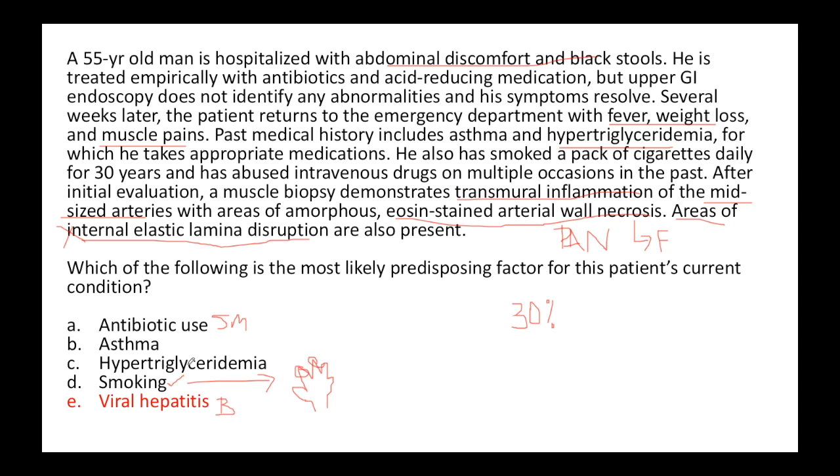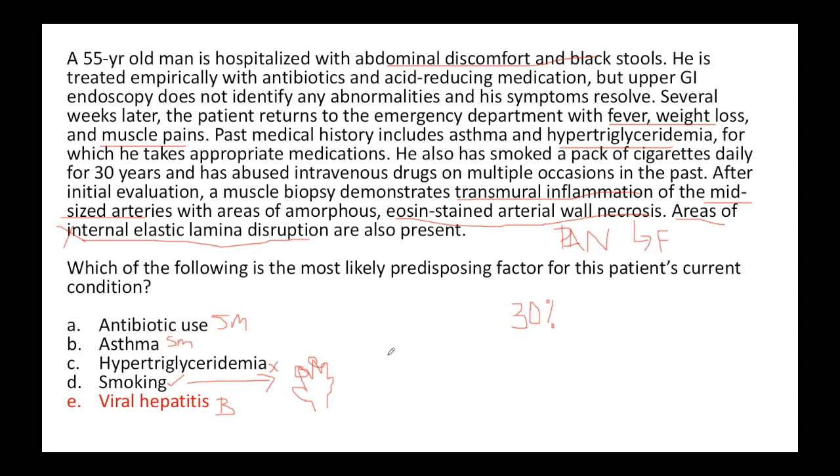And asthma is associated with Churg-Strauss, otherwise known as eosinophilic granulomatosis with polyangiitis, and that's also a small vessel vasculitis, so not here again. And hypertriglyceridemia on its own can cause acute pancreatitis that can lead to abdominal discomfort, but arteritis is not really associated with this.